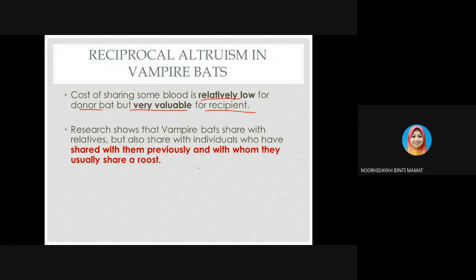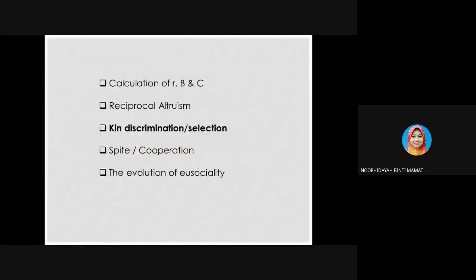They also share with roost mates even though they are not closely related. So that is reciprocal altruism, and we take vampire bats as the example.